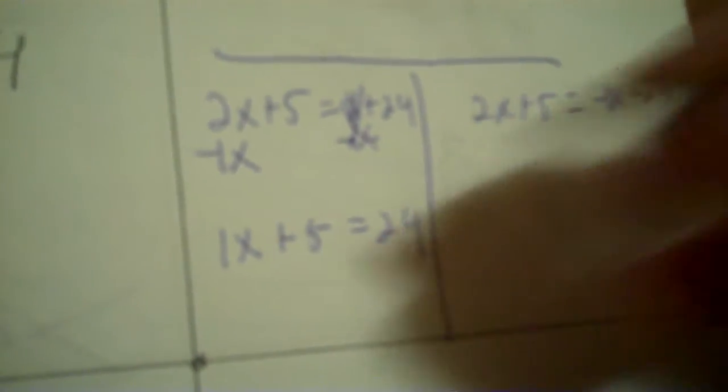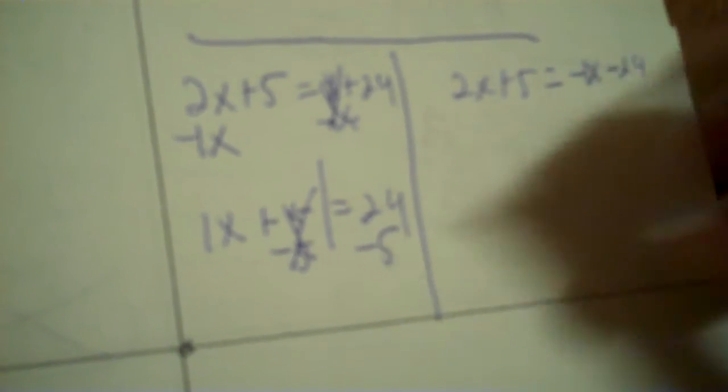And over there, you switch it to negative x minus 24. Put 1s in front of those x's, please. So get the x's on one side and the non-x's to the other side. It's called variable terms to one side, constant terms to the other. It's really easy. Now get your constant terms to the other side. So 1x equals 19, and that would be just 19.